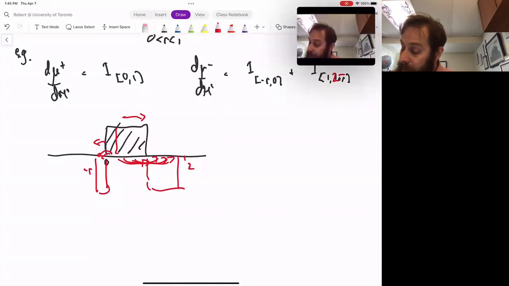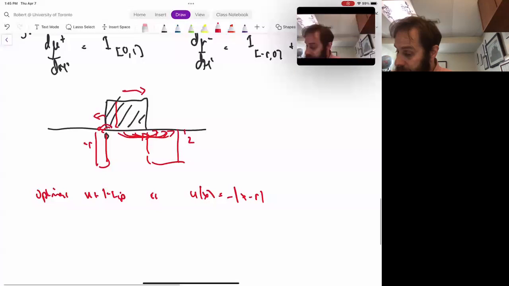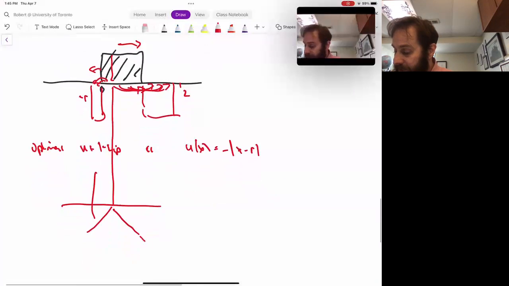But the optimal Lipschitz function, the Kantorovich potential, if you like, is going to be given by basically x minus r, negative of that. So it's a function that around the splitting point has slope 1 in either direction.